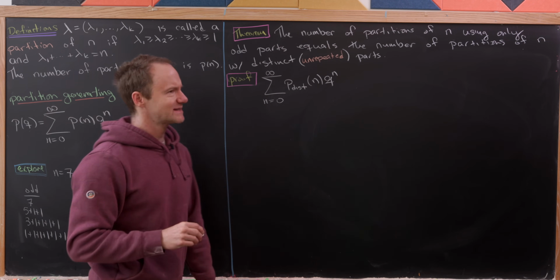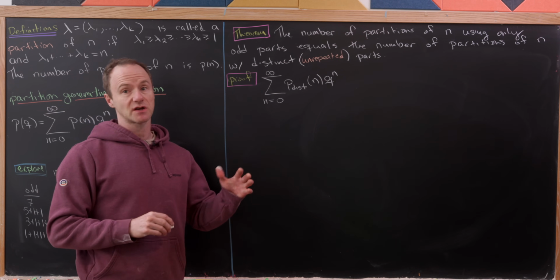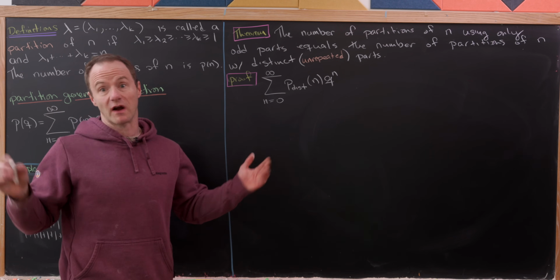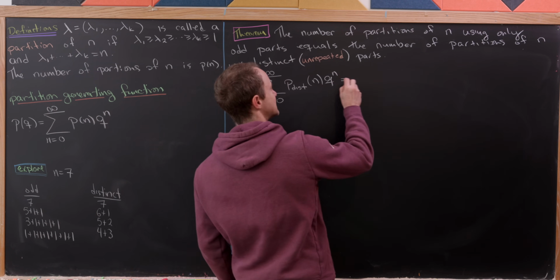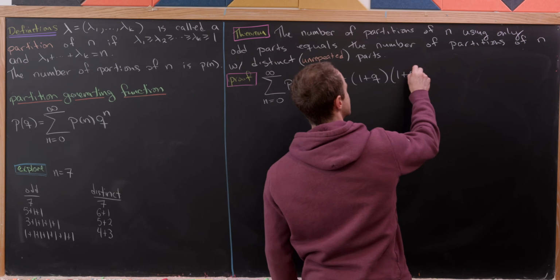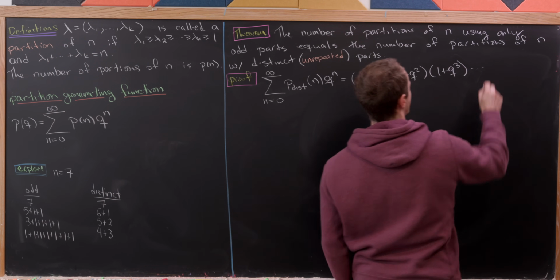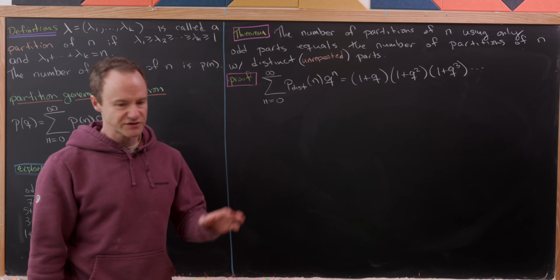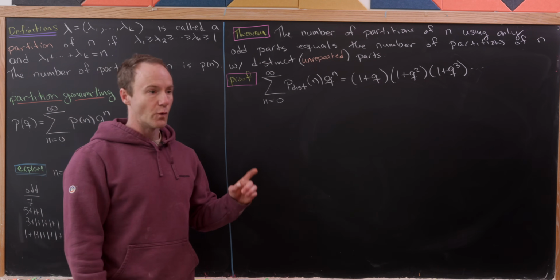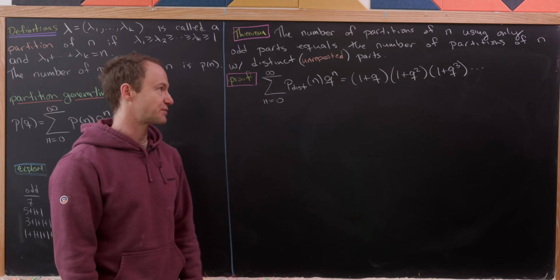And so let's see, I think from some things that we saw while we were exploring the generating function for all partitions, we can kind of just write this down. So let's observe that it's going to be 1 plus q times 1 plus q squared times 1 plus q cubed, and so on and so forth. So let's recall that written as the product of infinite series, where you were in those infinite series controlled how many times you used each part.